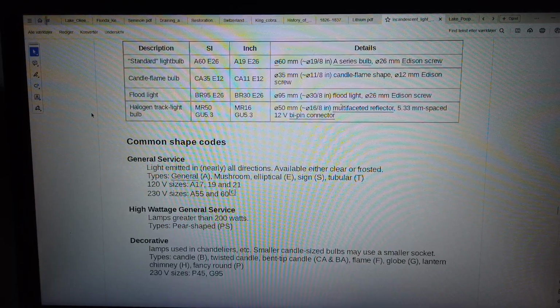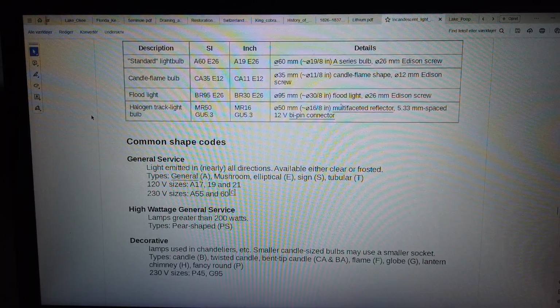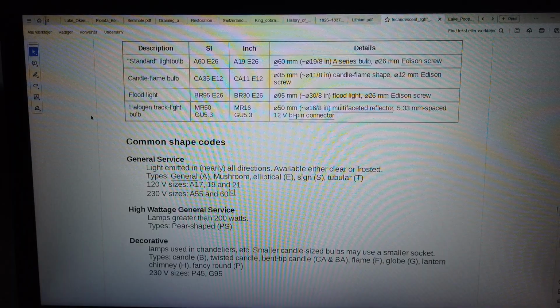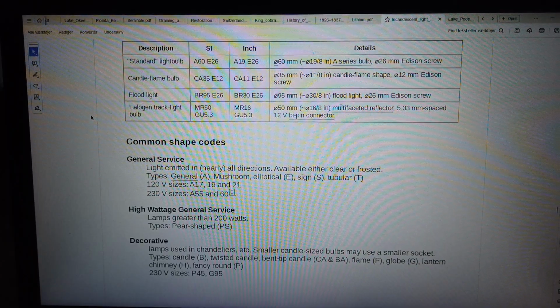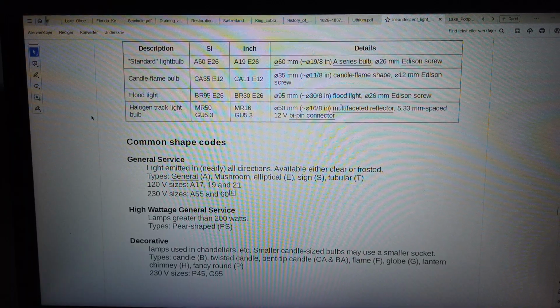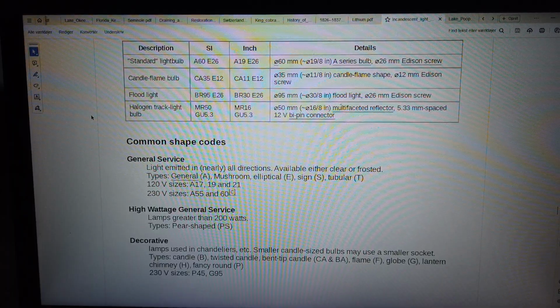Floodlight, BR30 E26, 95 mm, 30/8 in, floodlight, 26 mm Edison screw. Halogen track light bulb, MR16 GU5.3, 50 mm, 16/8 in, multifaceted reflector, 5.33 mm spaced 12V bi-pin connector.